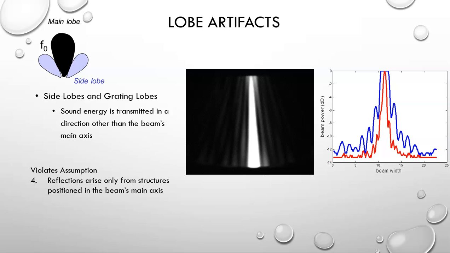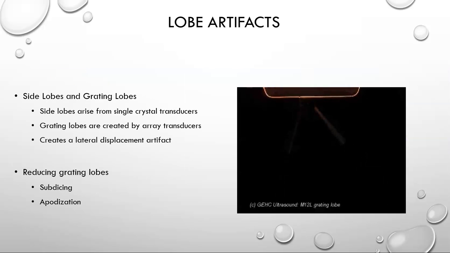Grating lobes are what we see today in the multi-element phased array transducers. Side lobes arise only from single crystal transducers, and grating lobes are created by phased array transducers. These create a lateral displacement artifact. To reduce lobe artifacts in phased array transducers, we use two techniques: subdicing and apodization.